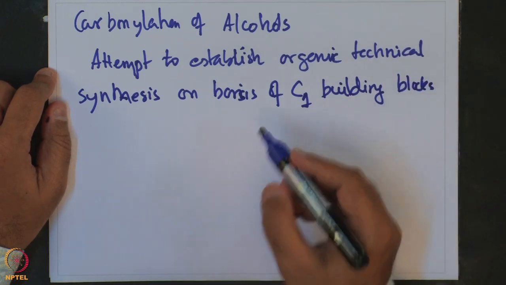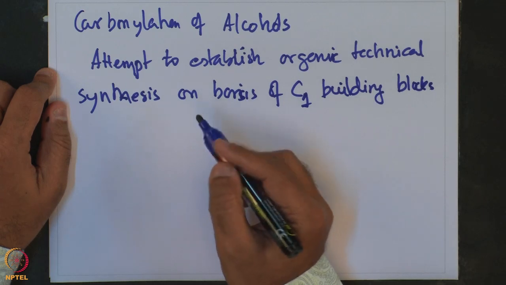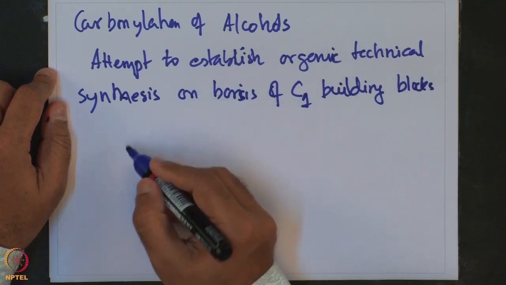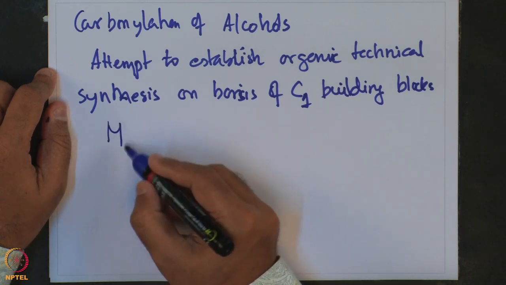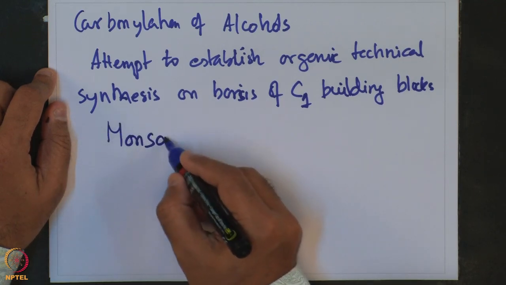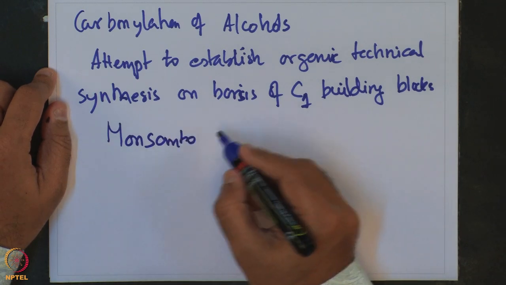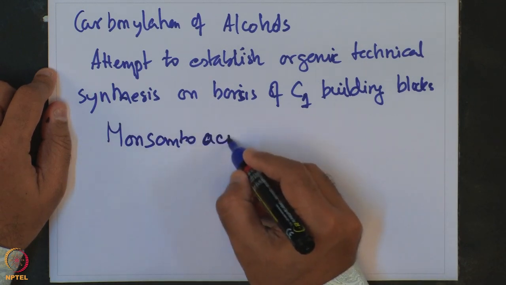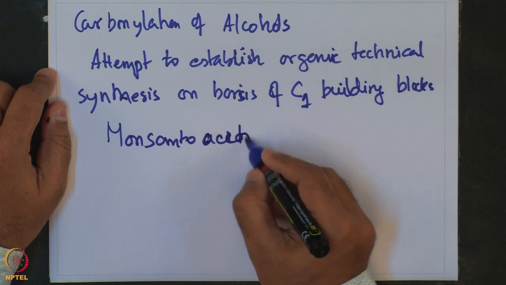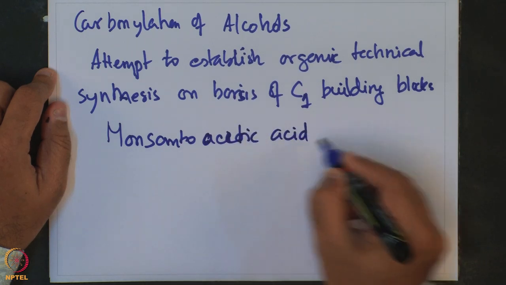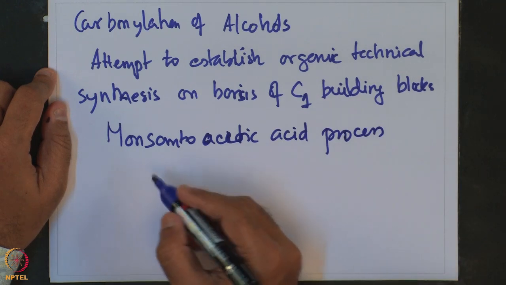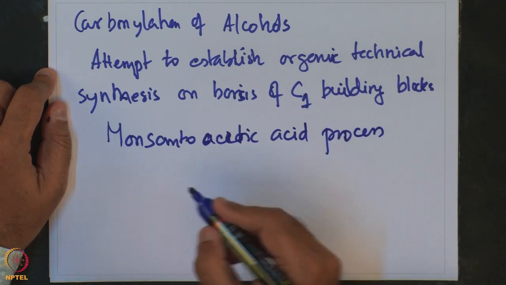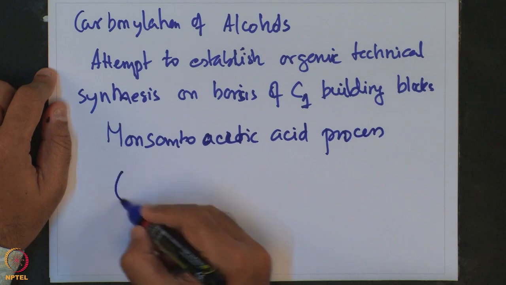And this is popularly known as Monsanto acetic acid process, or carbonylation of methanol.